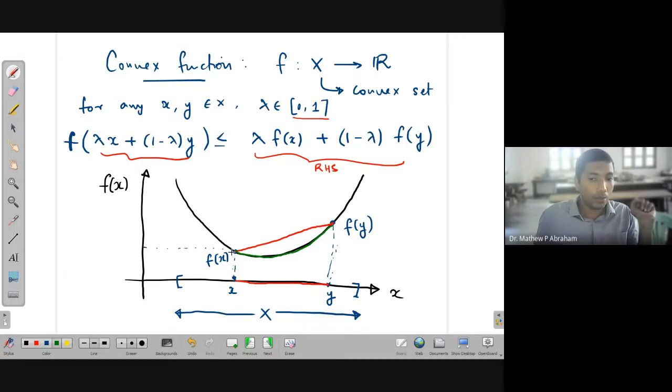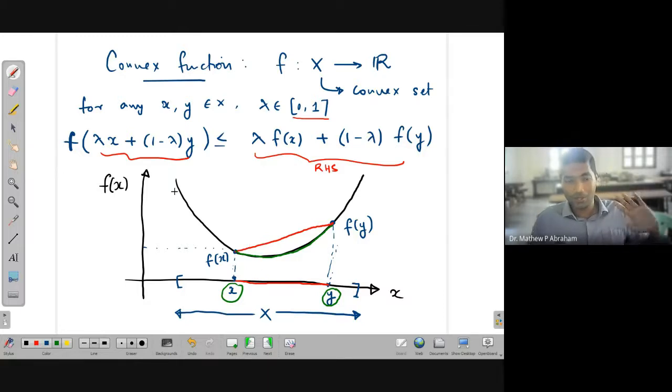And what you require is that this function value must always be less than or equal to this straight line connecting f of x and f of y. And that needs to be true for any x and y. If you consider any x and y in the convex set, and this condition is true, then you can say that that particular function is a convex function.